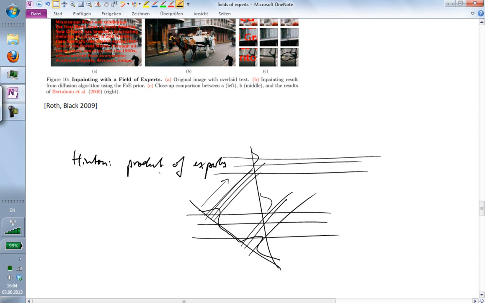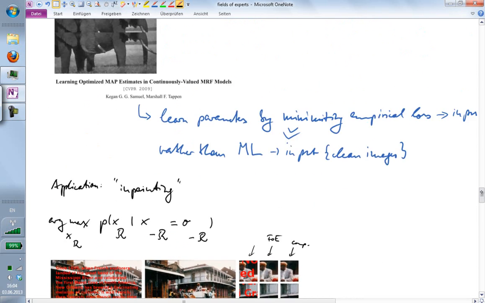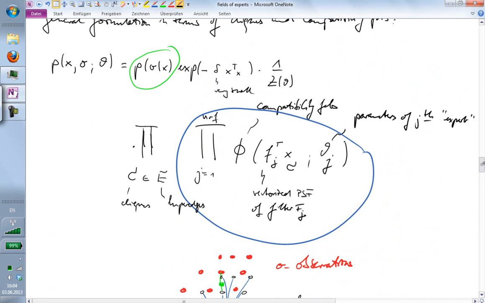And Hinton argued that, take anything complicated and model it as a product of simpler things. And we have here a product of simpler things. So this is the product over these local filters or compatibility functions or experts, but used in the spatial context and hence called field of experts.